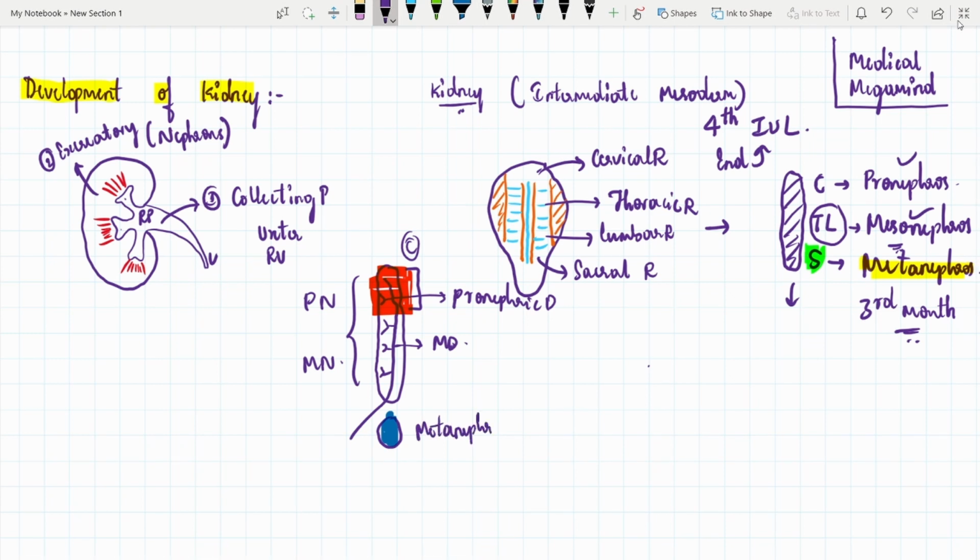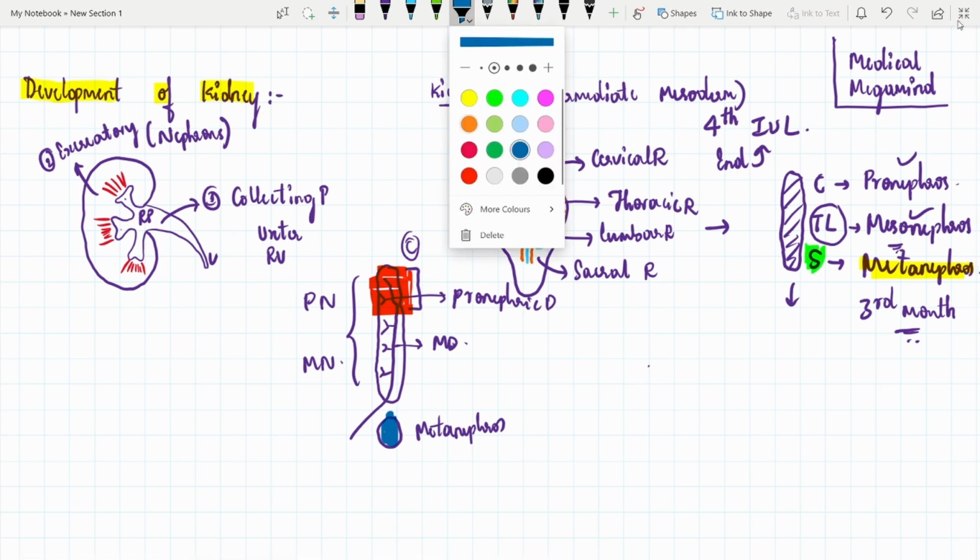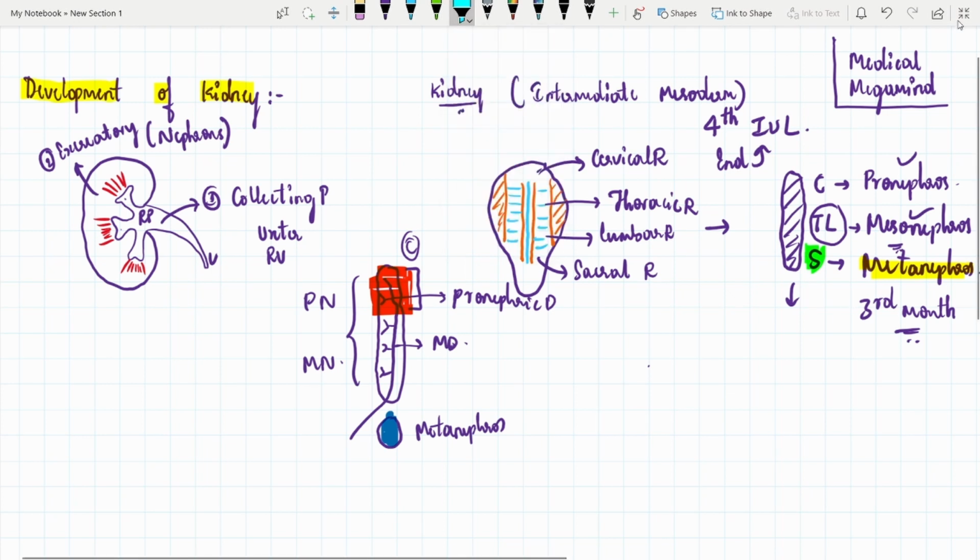But the caudal part of the mesonephric duct, not mesonephros, the mesonephric duct, this duct will persist, okay? Let me write, the terminal part is going to persist, this part, right?